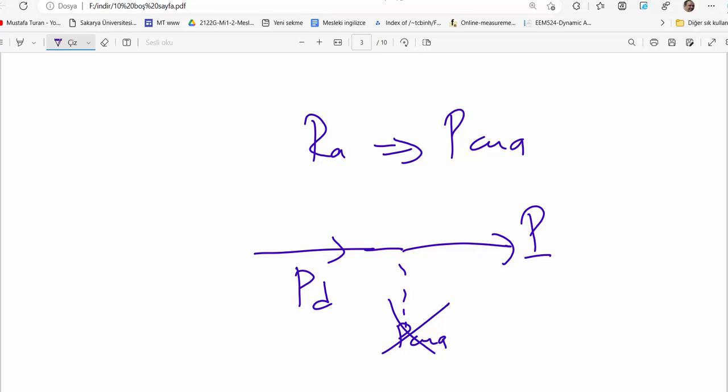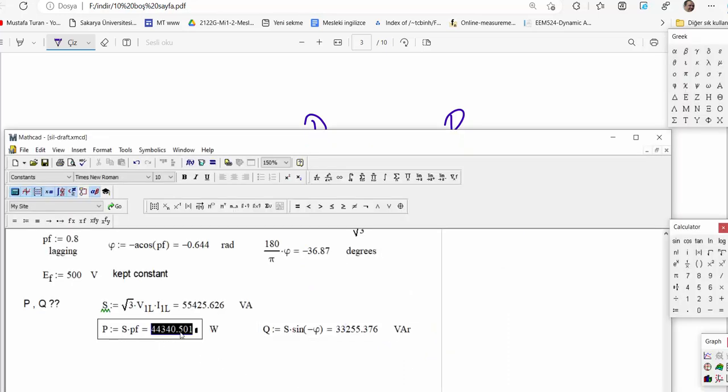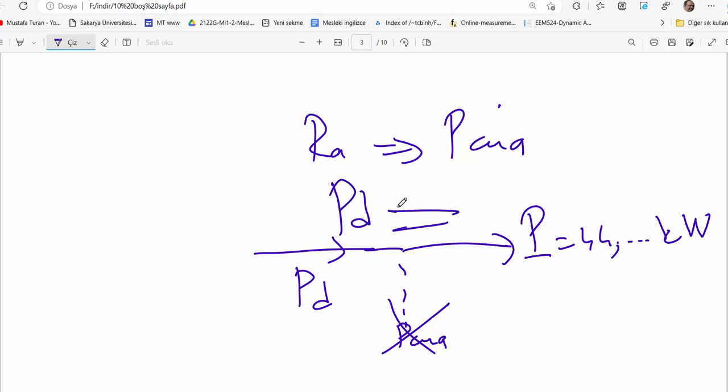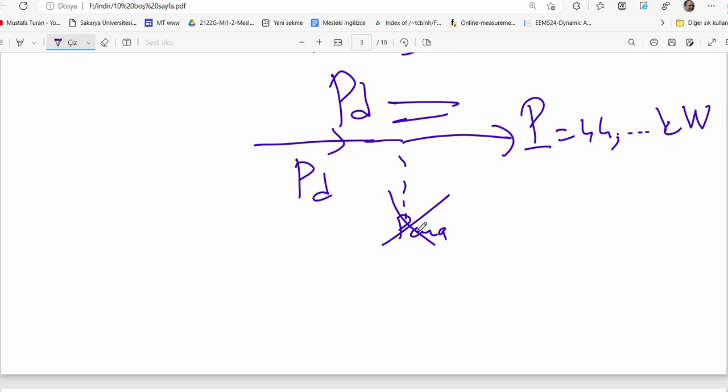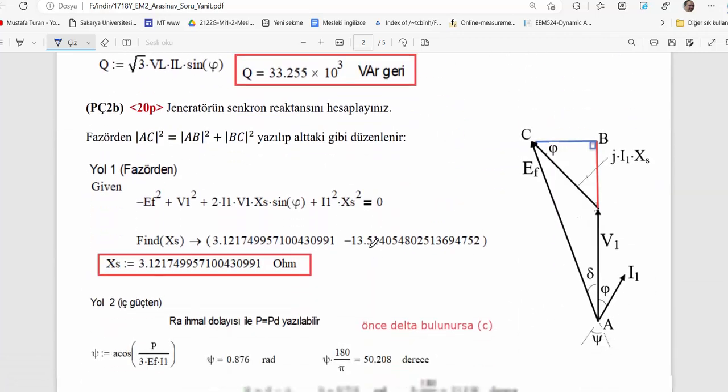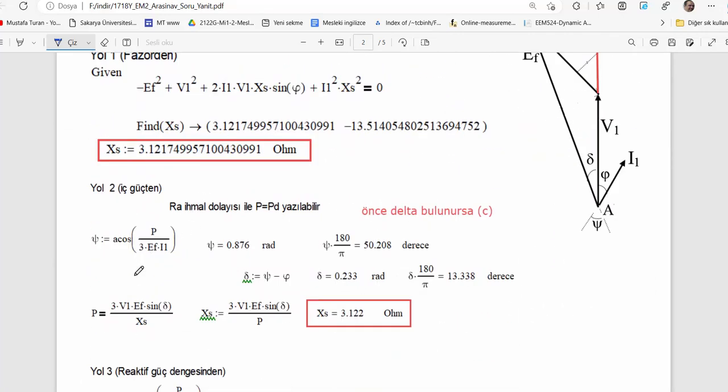We have already calculated. It was something like 44 blah blah kilowatts, and it is equal to this. How can I solve this problem? Okay, let's use the method.